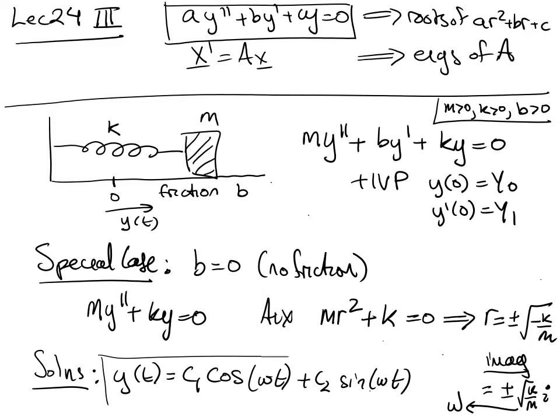Okay, does this correspond to our notion that it's just going to oscillate forever? Well, if it was just a cosine or a sine, then that sure looks like oscillation. But what does a linear combination of a cosine and a sine look like? Let's try to figure that out right now.